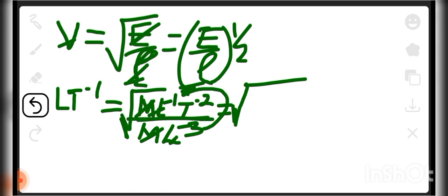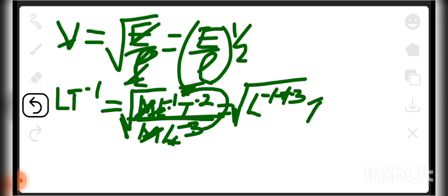So we're going to have L. We want to move everything in this denominator to the numerator. M, I've already cancelled M. That is gone. So we don't move this L, we just move the power. Since we already have L here, there's no need of moving this L. So we're going to have L raised power minus 1. This minus 3, if we cross this division line, will change sign to plus 3.